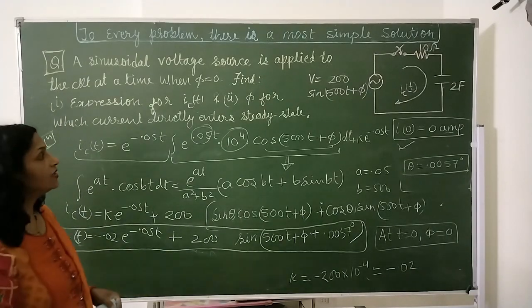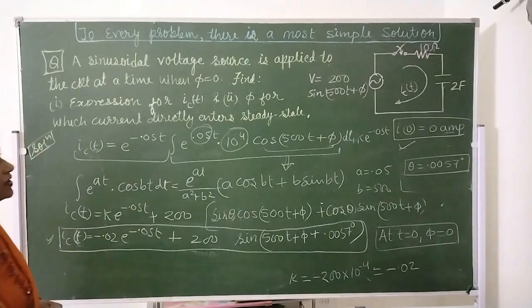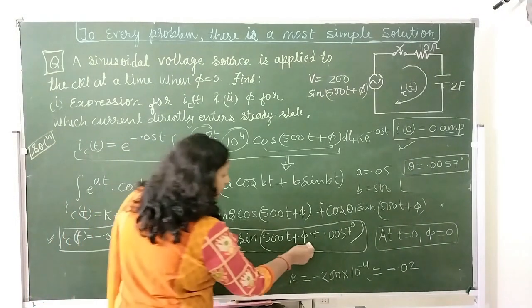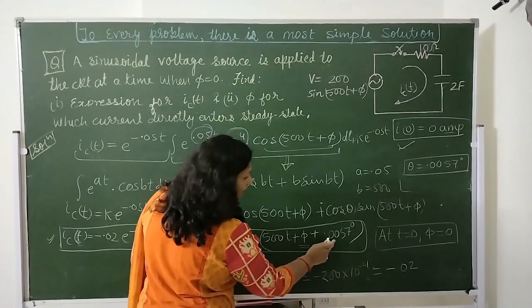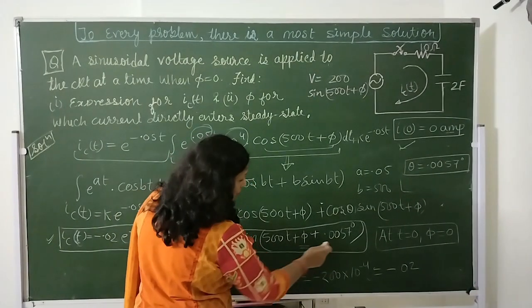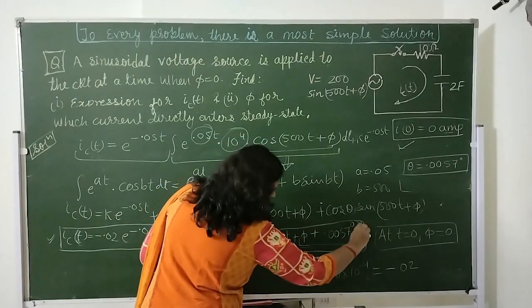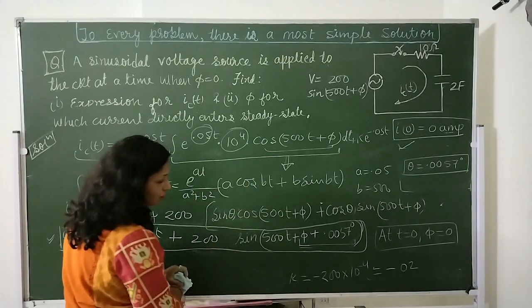Now we have to find the value of phi for which current enters steady state. For that, put the value of phi so that it will counteract this value. So we will make this whole phase 0.